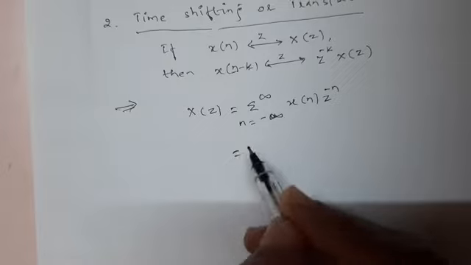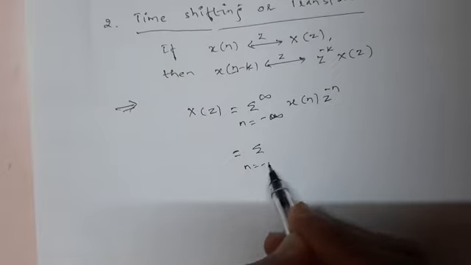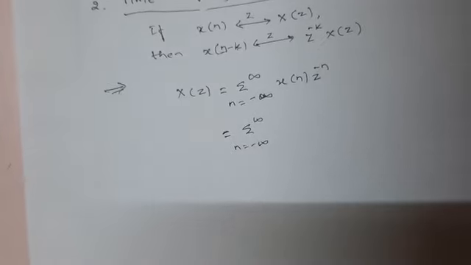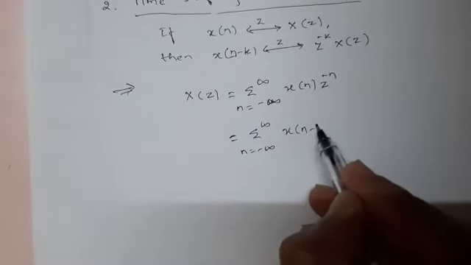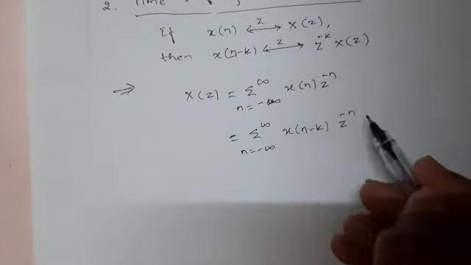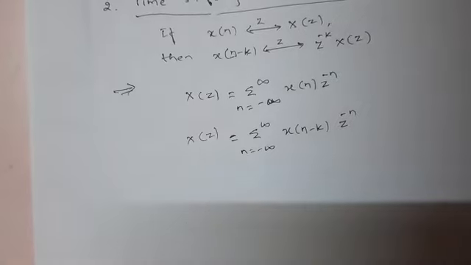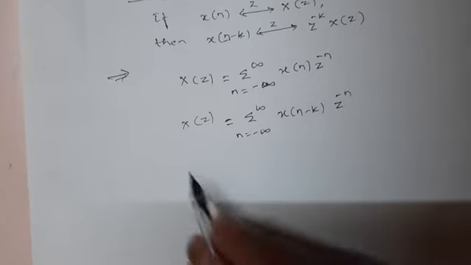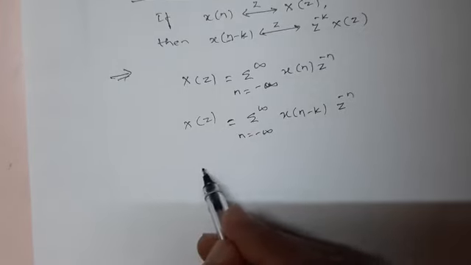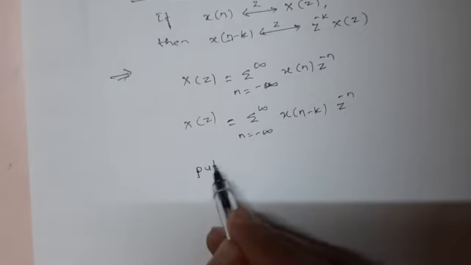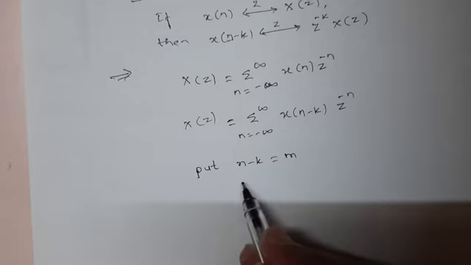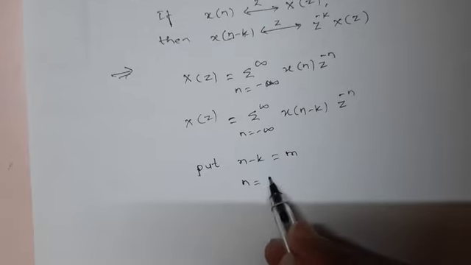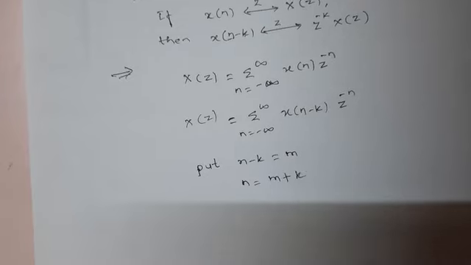Now our equation is summation n equal to minus infinity to plus infinity x of n minus k z to the power minus n. Put n minus k equal to m, or n equal to m plus k.